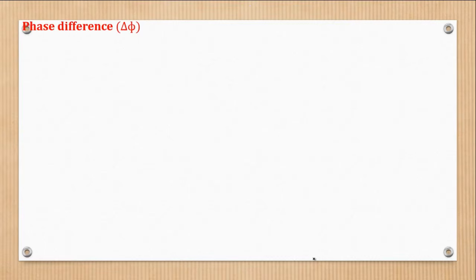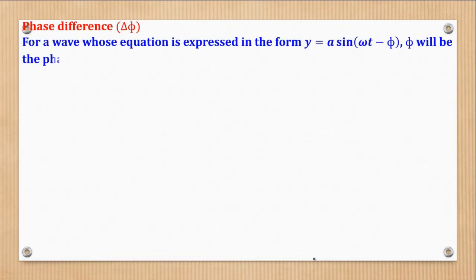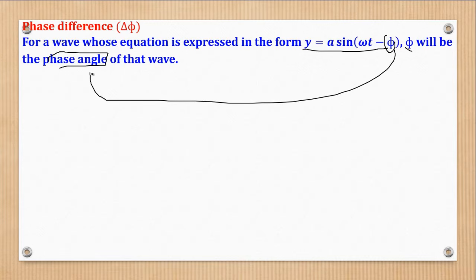Now we shall go to what we call phase difference of two waves. So for a wave whose equation is expressed in the form this, phi is what we call the phase angle. So it is expressed in terms of omega t minus something here. What is there is what we call the phase angle.